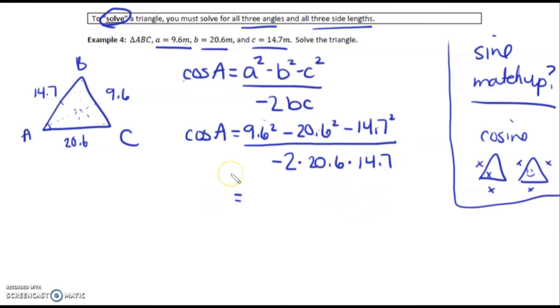Okay, so I'll do these separately just so that you can see what they come to. So 9.6 squared minus 20.6 squared minus 14.7 squared. Okay, I get a numerator of negative 548.29. Now, negative 2 times 20.6 times 14.7, I get a denominator of negative 605.64.